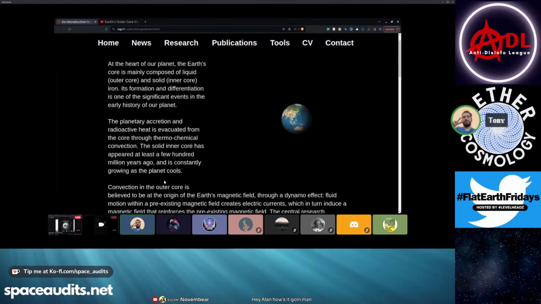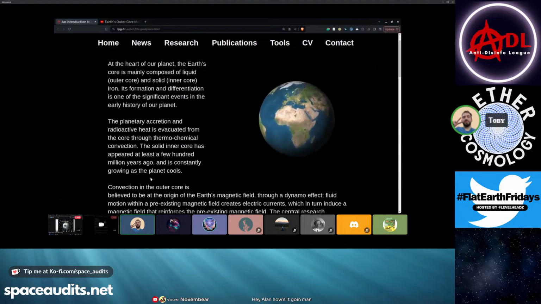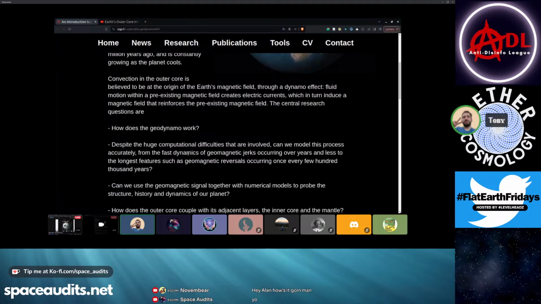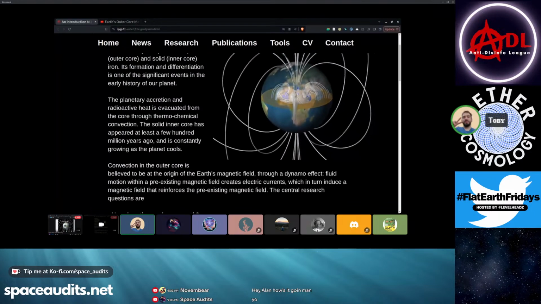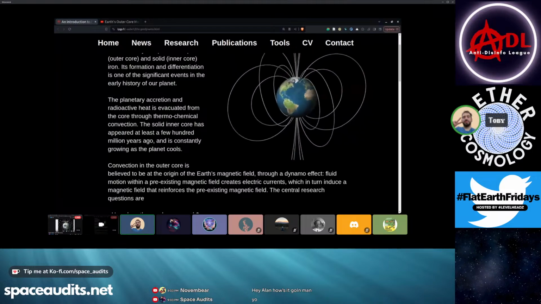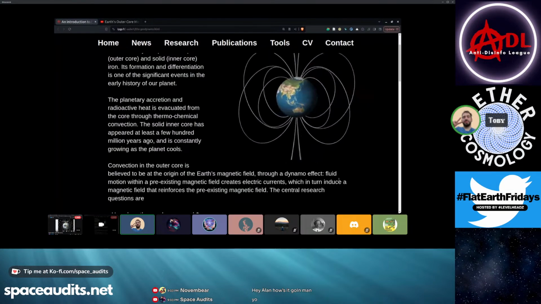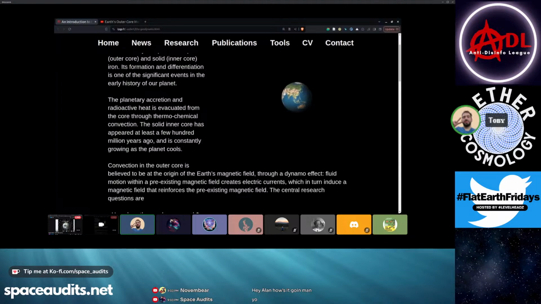The solid inner core has appeared at least a few 100 million years ago and is constantly growing as the planet cools. Convection in the outer core is believed to be at the origin of the Earth's magnetic field through a dynamo effect. A fluid motion within a pre-existing magnetic field creates electric currents, which in turn induce a magnetic field that reinforces the pre-existing magnetic field.